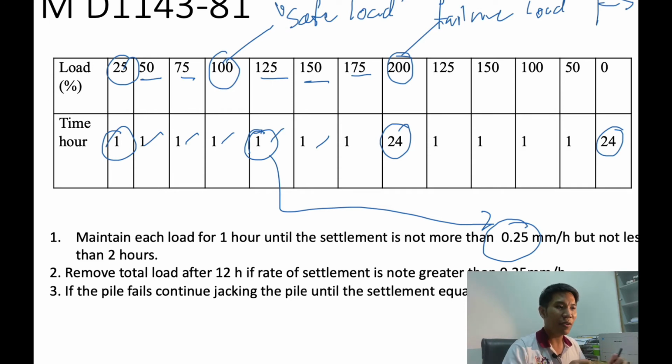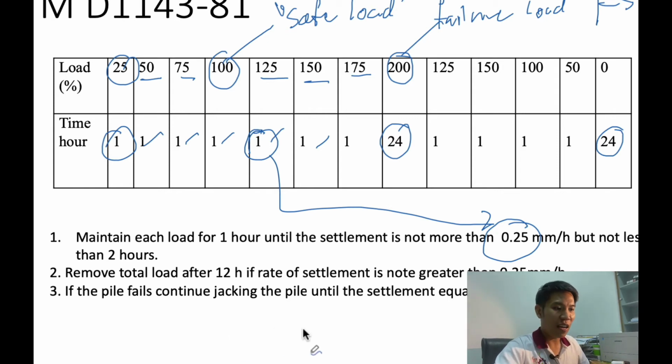In simple terms, if at a certain load the rate of settlement is still high or the pile has not stopped moving, you have to wait about 1 hour, but not more than 2 hours.